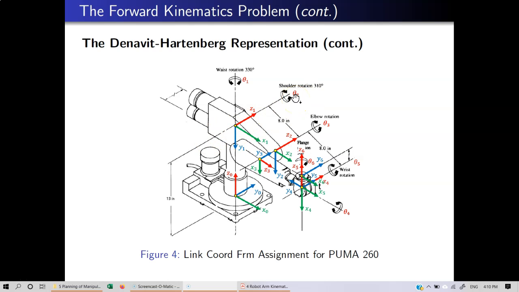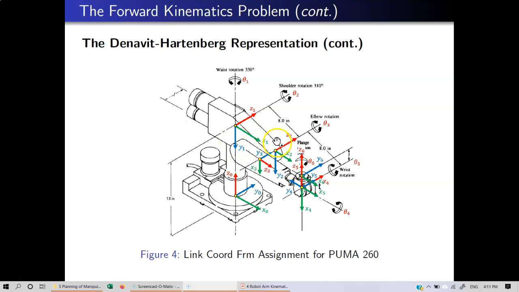Next, what is the origin? The origin is the intersection between Z0 and Z1. If we extend Z0, and this is Z1, the intersection is at this point, the yellow circle. This is the origin of coordinate frame 1. X1 is the cross product, plus or minus, of Z0 and Z1, so we choose this direction. And this is Y1 according to the right hand rule.